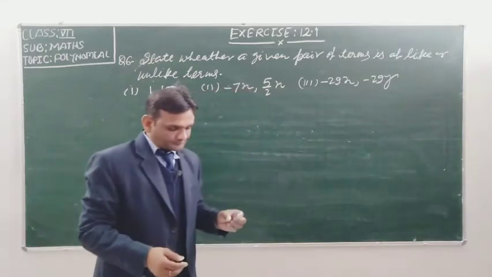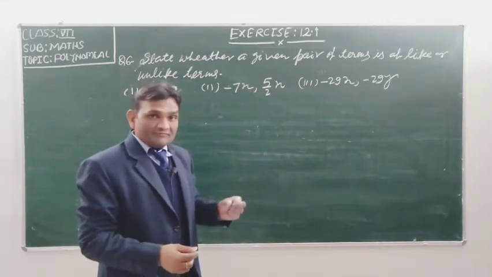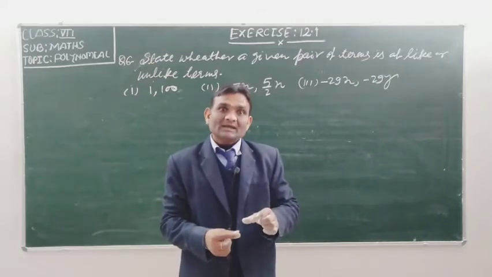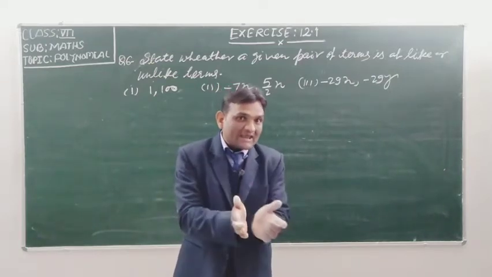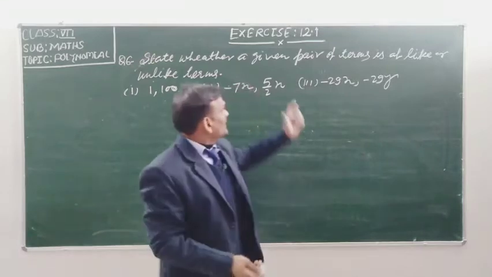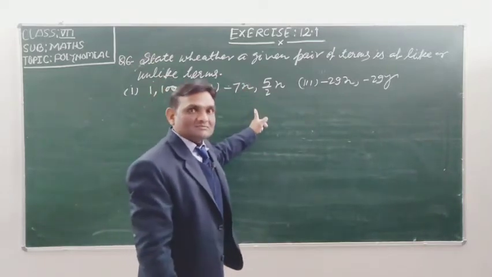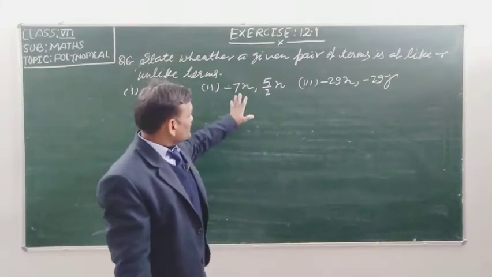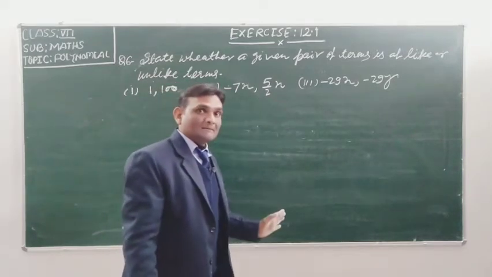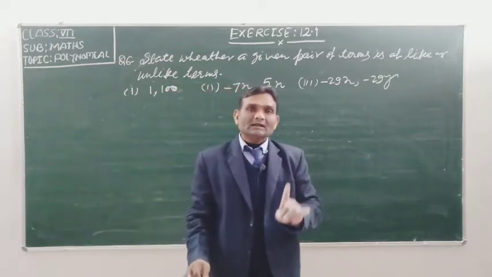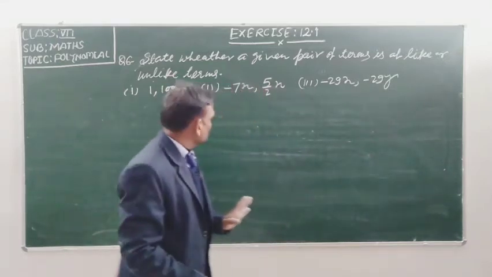If the algebraic factors in expressions are same, that is called like terms. But if the algebraic factors in expressions are not same, that is unlike terms. I have told you, student.